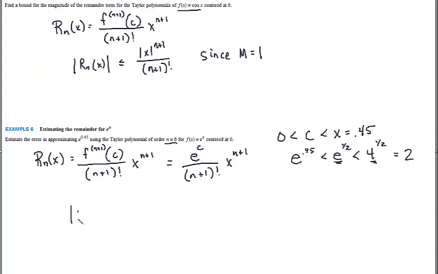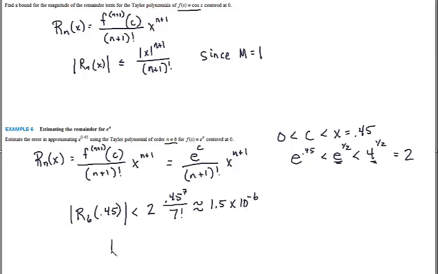That means that R6, which is what they're wanting me to find, of 0.45 is going to be less than 2 times 0.45 to the 7th, because this is n plus 1, over 7 factorial. And if I crunch these numbers, I get 1.5 times 10 to the minus 6.